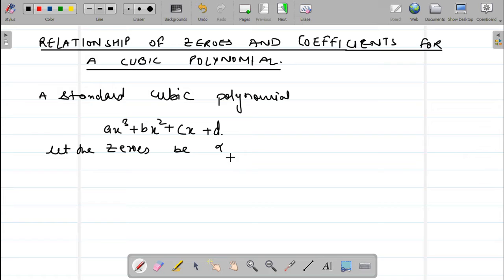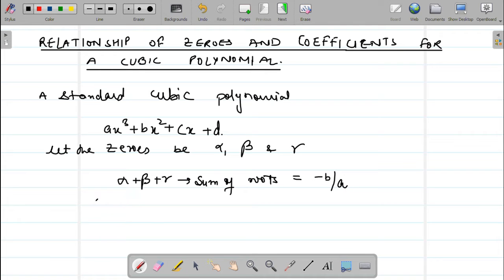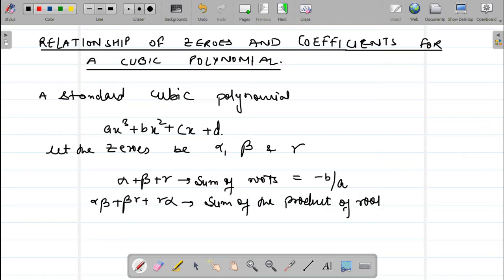Let the zeros be alpha, beta and gamma. We have the relationship: alpha plus beta plus gamma, which we call the sum of roots, is given by minus b upon a. Then alpha beta plus beta gamma plus gamma alpha, which we call the sum of the product of roots taken two at a time.